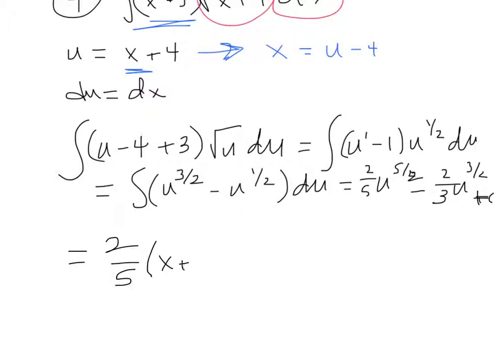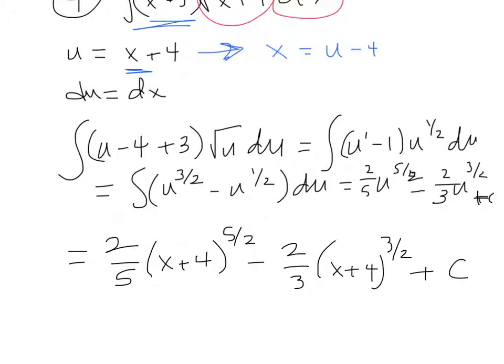U is x plus 4, so x plus 4 to the 5 over 2, which again, this bottom number is a root, so you could have a square root in there, so all of it raised to the 5, but then all under a square root. And then minus 2/3, x plus 4 to the 3 over 2, plus c, and that's your answer.